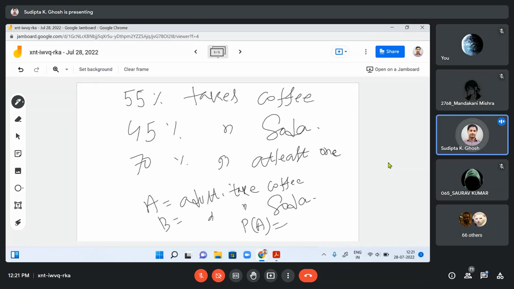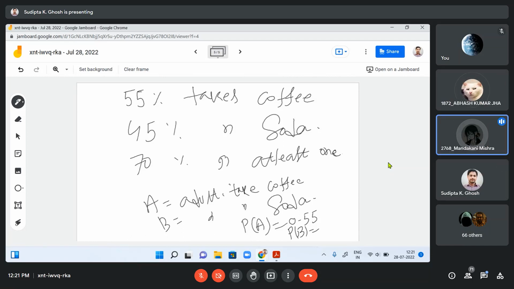Exactly, because it is given that 55% take coffee. So P(A) is 0.55. What is the value of P(B)? 0.45. Okay. And what is the value of P(A union B)?